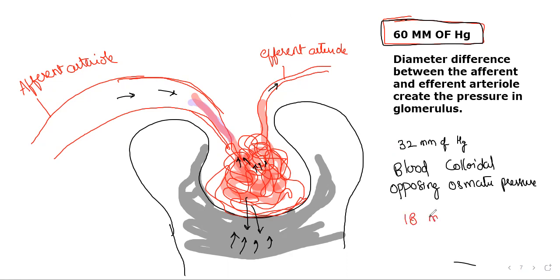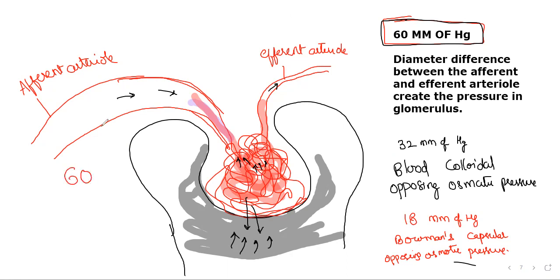What is 18? Bowman's capsular opposing osmotic pressure is 18 mm of Hg.